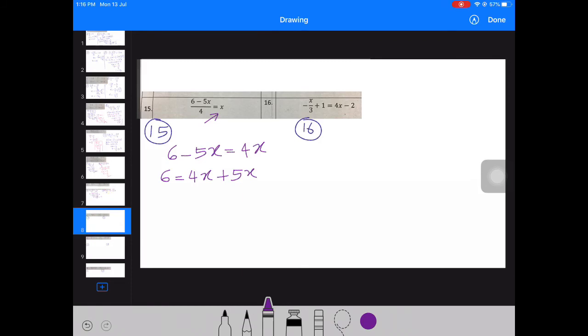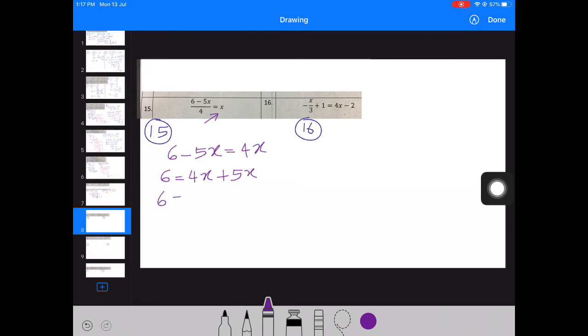Okay, you might be wondering why sometimes I bring the terms with variable to the right, sometimes I just leave the terms with variable on the left. You can do either one, it's okay. But for me, I just want it to be positive.